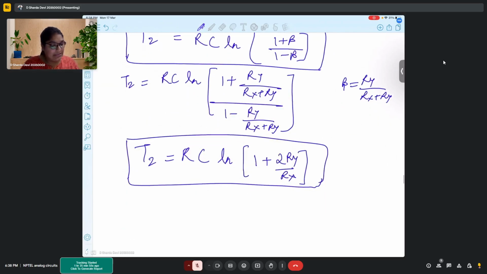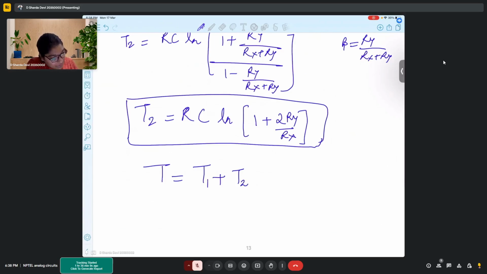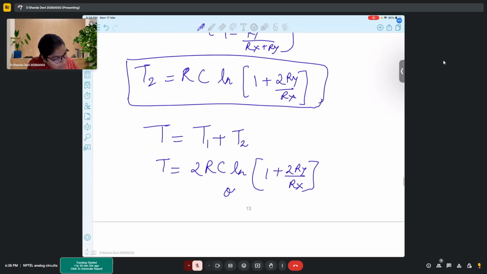Now since T1 and T2 we have already found, and the total time period is T, T is nothing but T1 plus T2, and since T1 and T2 are both the same, T becomes 2 times Rc ln 1 plus 2 Ry by Rx, or 2 Rc ln of 1 plus beta upon 1 minus beta.